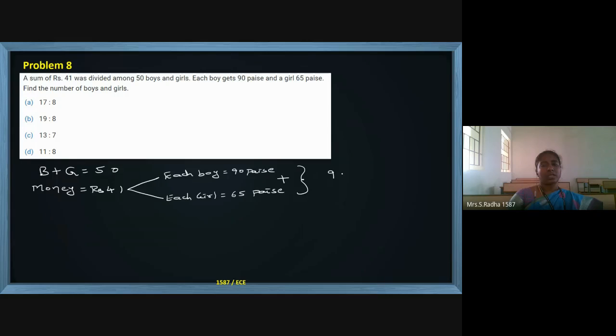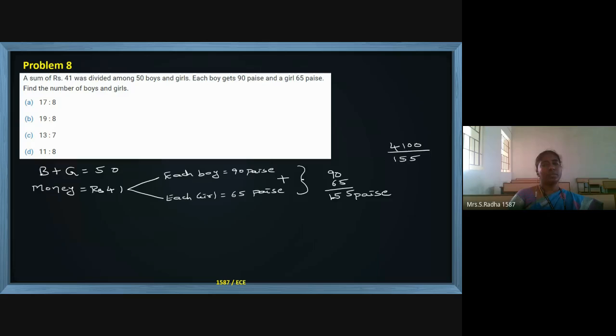90 plus 65 is 155, so 1 rupee 55 paisa, and you have to divide 41 by this. 41 rupees is nothing but 4100 paisa, and 155 paisa, if you cancel it, you will know how many.